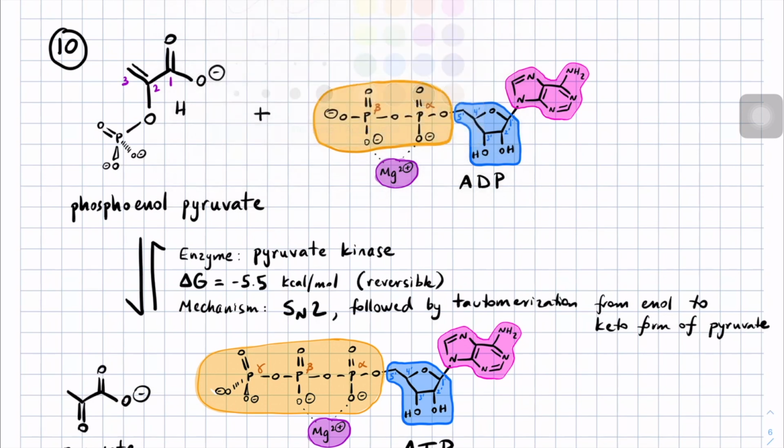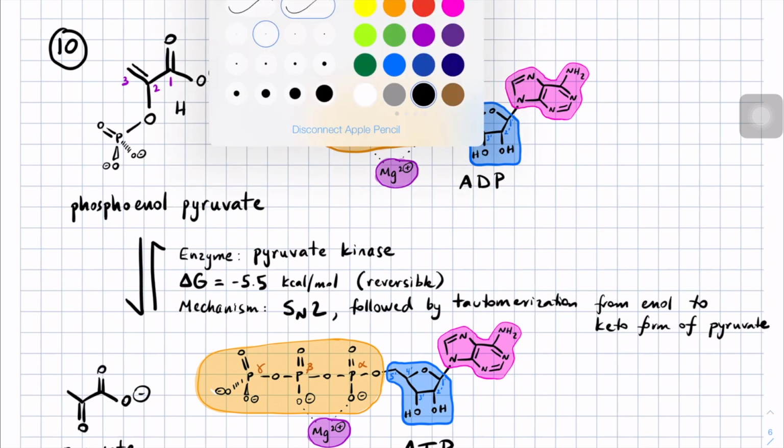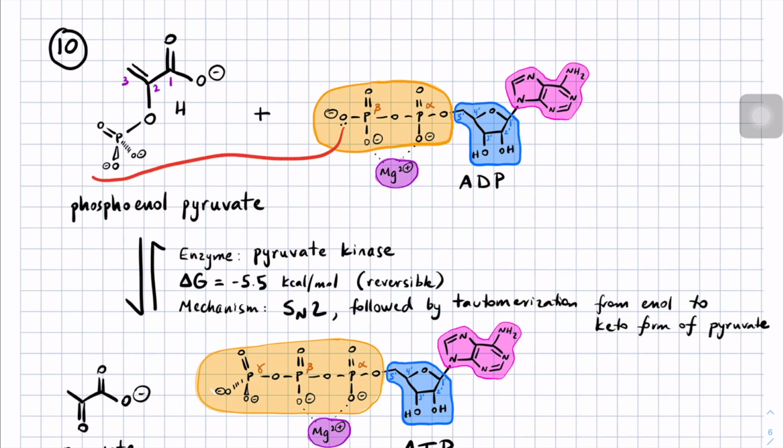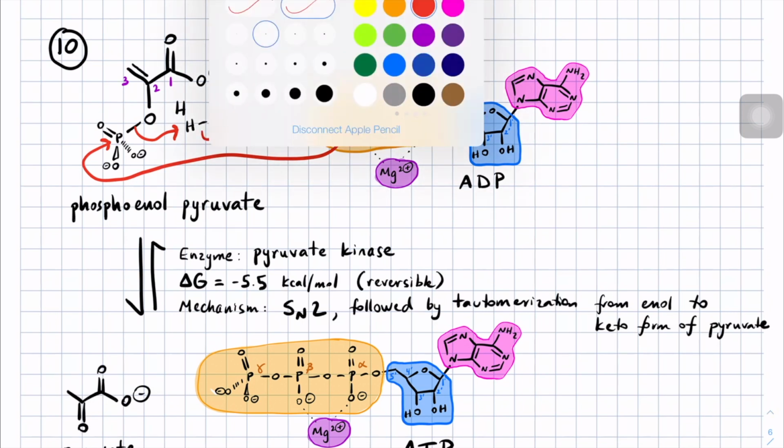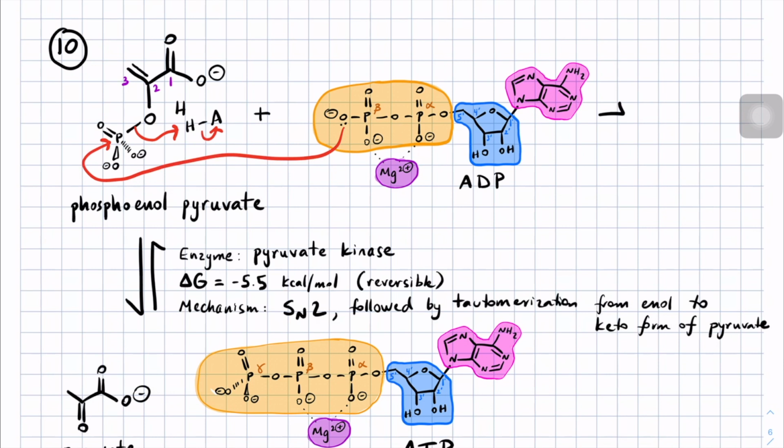We're going to have the beta phosphoryl group of ADP attack this phosphate. The leaving group leaves. The leaving group can leave because it is an enolate, which probably picks up a proton as it's leaving. So that there generates your ATP.